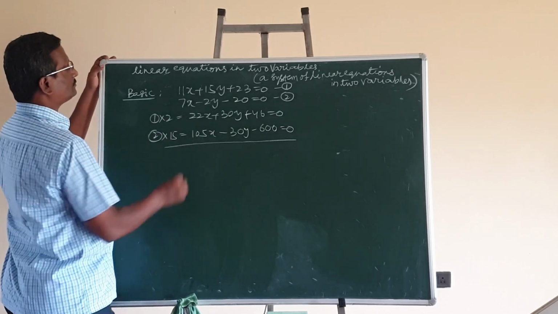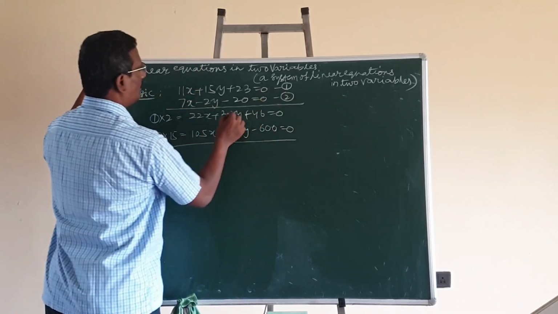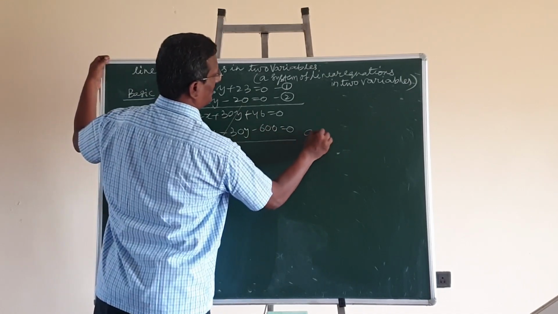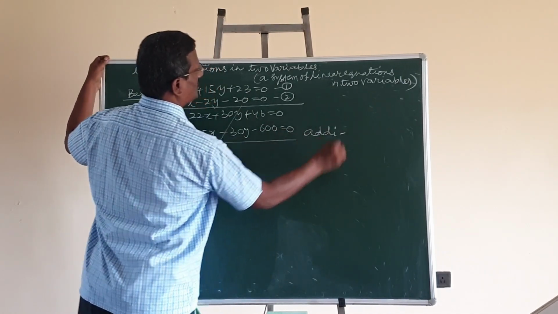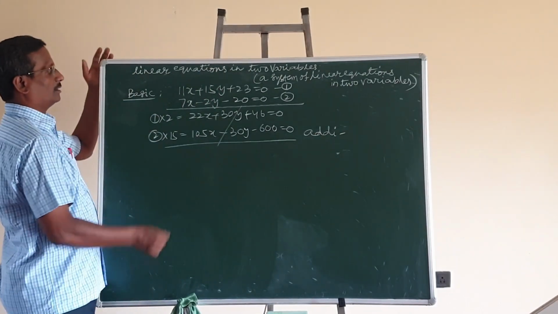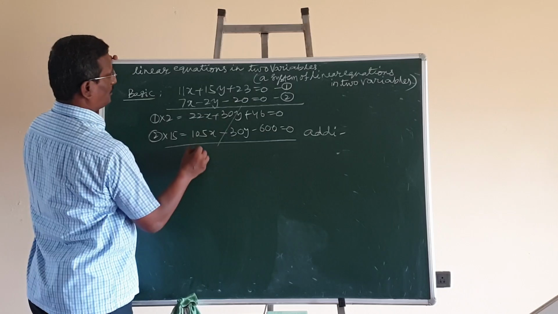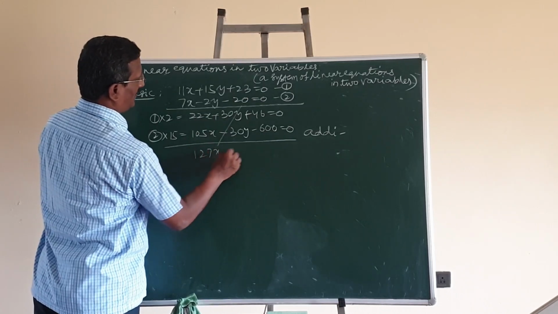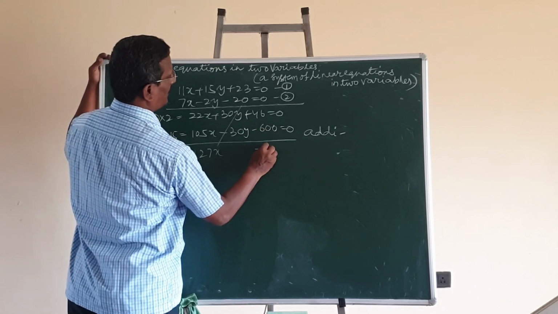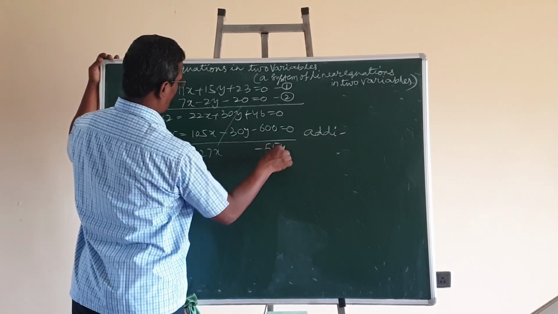Now, minus 30y plus 30y on addition, this gets cancelled. The short form of addition is ADD dot. Now, 105x plus 22x is 127x.